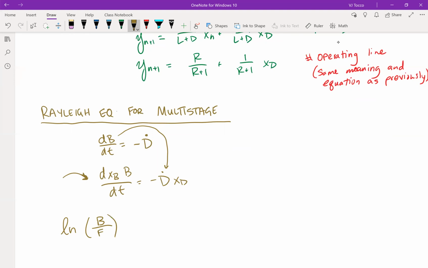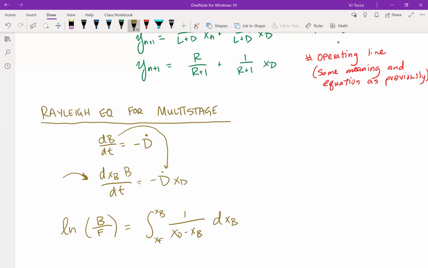So ln of the bottoms over the feed is equal to the integral from xF to xB of 1 over xD minus xB, dxB.